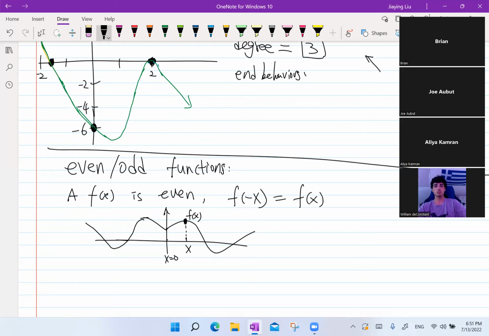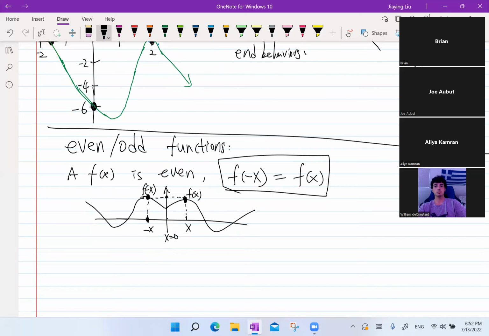But then if I pick a point on the left that has the same distance from the y-axis, this will be negative x, and this will be f of negative x. As you can see, if the function is perfectly symmetric over the y-axis, then f of x and f of negative x must have the same y value. So they must be equal. That's the condition for f of x to be even.